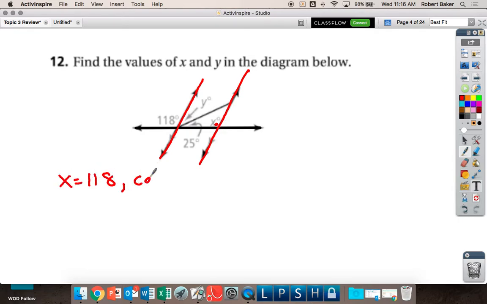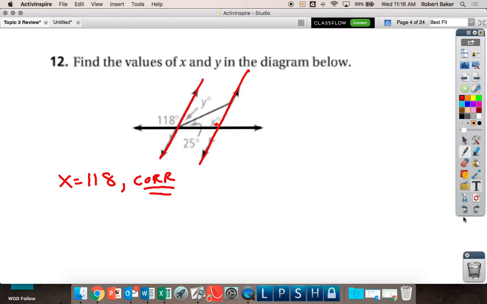And because of corresponding angles, you don't need this part on your test, but it's good to write it, just so you know. And then y is a little more mathematically involved, but not terrible. Minus 25 from 118.